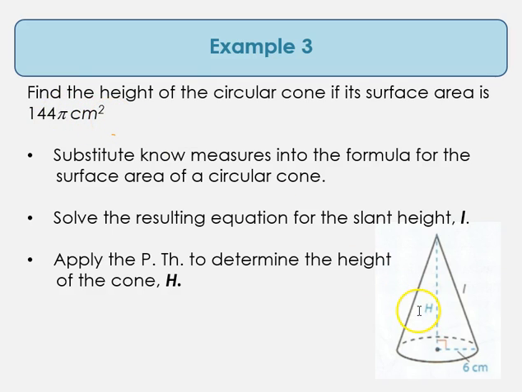So here's an example where we're going to back solve. To back solve, we always begin the same way. We substitute known measures into the formula. This will be the formula for surface area of a cone. We'll solve the resulting equation for slant height, and then we'll apply the Pythagorean theorem to determine the height of the cone, which will be H.